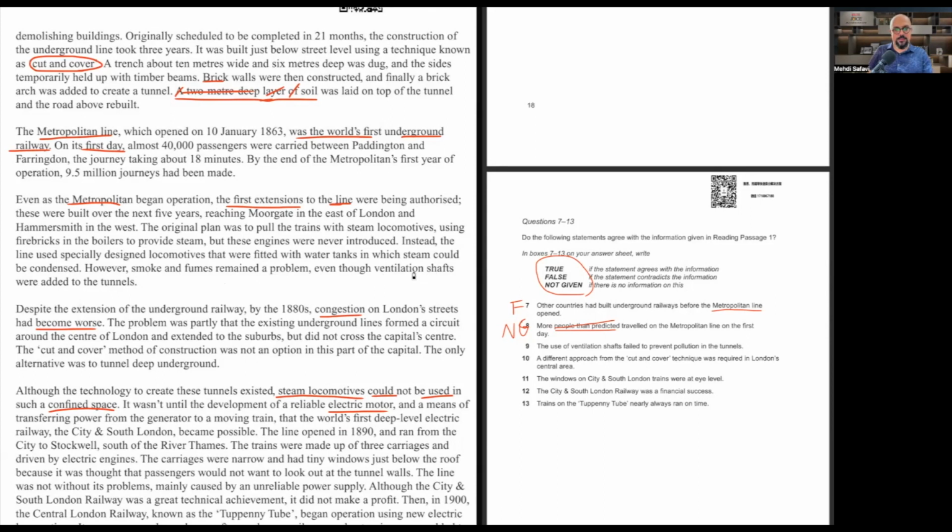There it is. Here we got what we were looking for. Now let's go back and read it to understand. The use of ventilation shafts failed to prevent pollution in the tunnels. Did it succeed or fail?